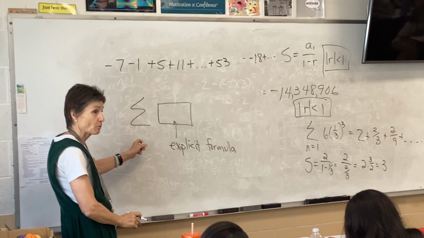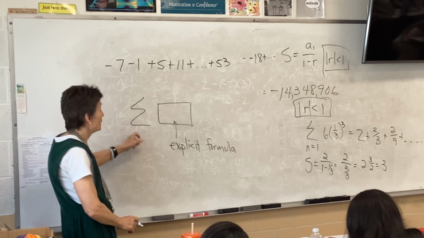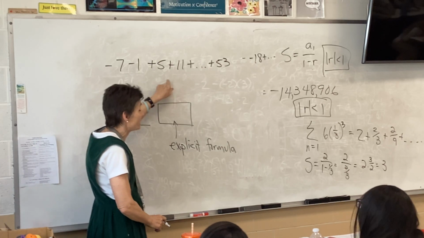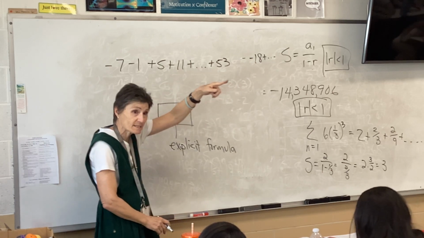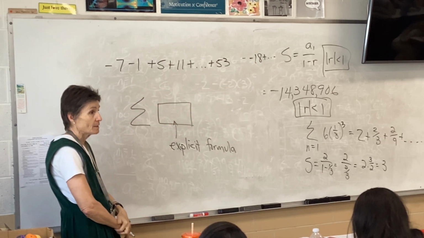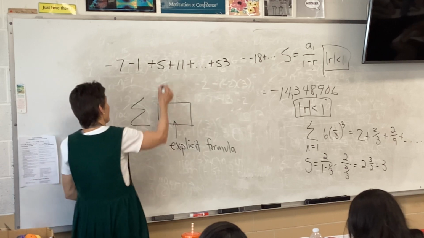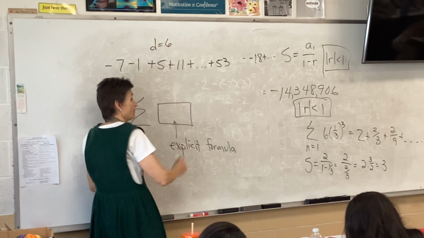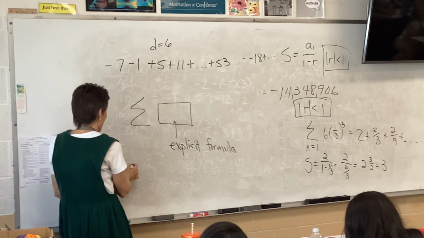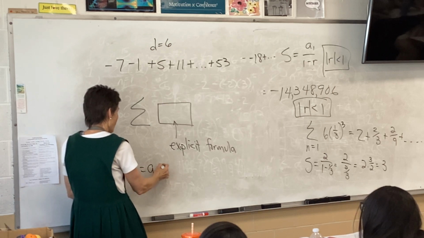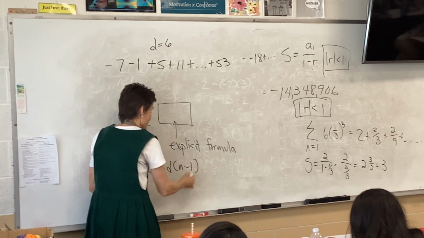Well, we talked about that earlier this period. What is going on in this problem? What kind of a sequence do I have? Oh, arithmetic. With a common difference of 6. My arithmetic formula is this.